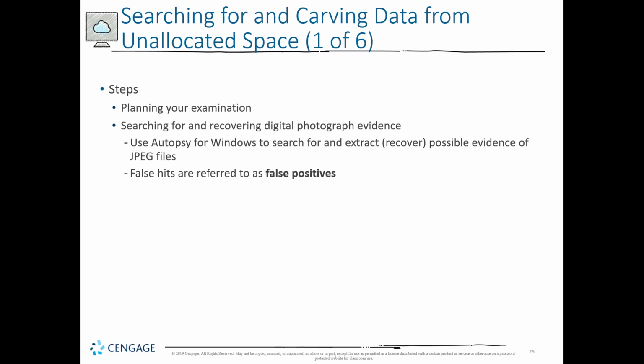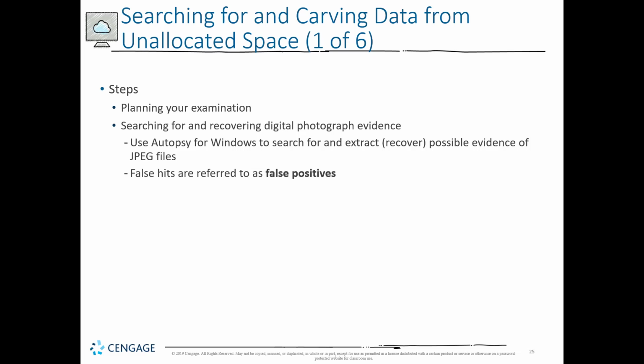So when we're looking for and carving data from that unallocated space, we can develop a plan for the examination. It's not just willy-nilly, it's structured, it's organized. So when you're searching for and recovering a digital file or a digital photograph, for example, we may use an automated tool like Autopsy to search and extract any recoverable evidence files of a specific file type.